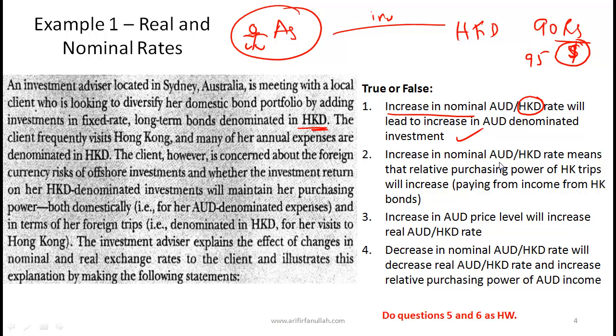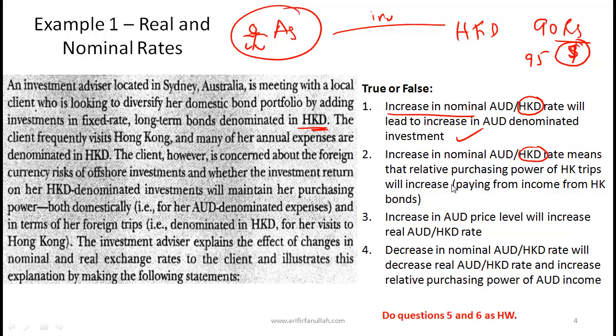Increase in the nominal Australian dollar to Hong Kong rate, again, means that the Hong Kong dollar is strengthening, which means that the relative purchasing power of Hong Kong trips will increase. So you are paying for those Hong Kong trips in Hong Kong dollars. Is it good for you, bad for you, or are you indifferent?